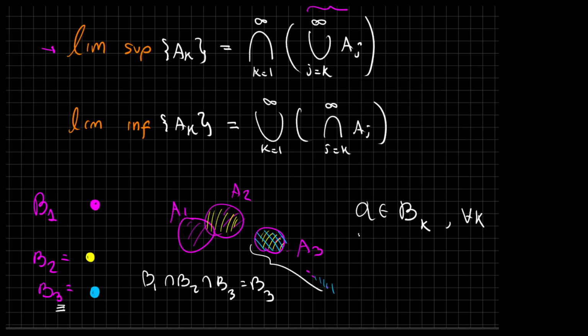So if everything is here, then this will be in the limit of the supremum of A sub k, because this is the intersection. So every element in the intersection should be in every B sub k.